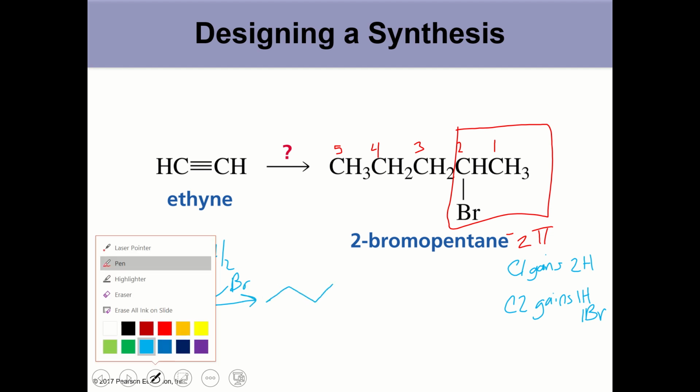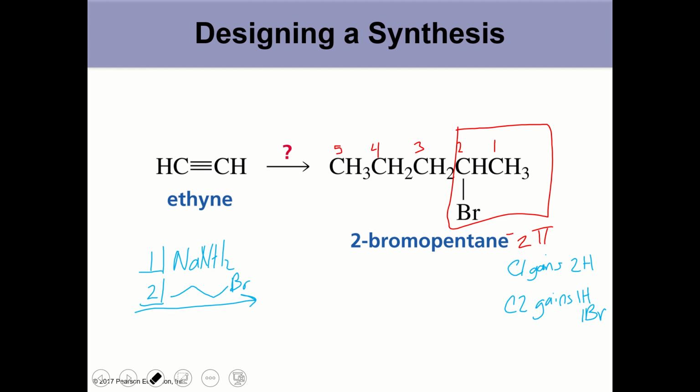So, 1, 2, 3, 4, 5. Okay, so we have our 5-carbon alkyne.